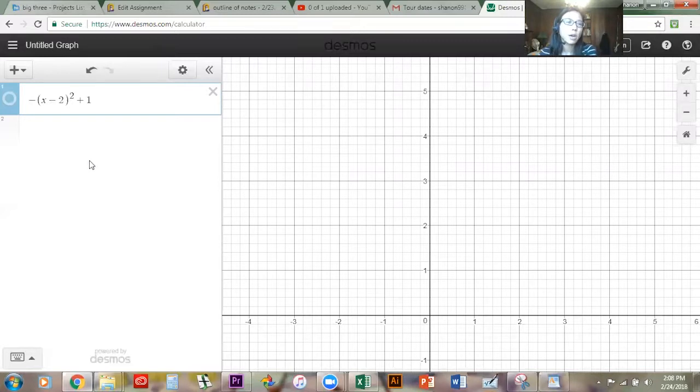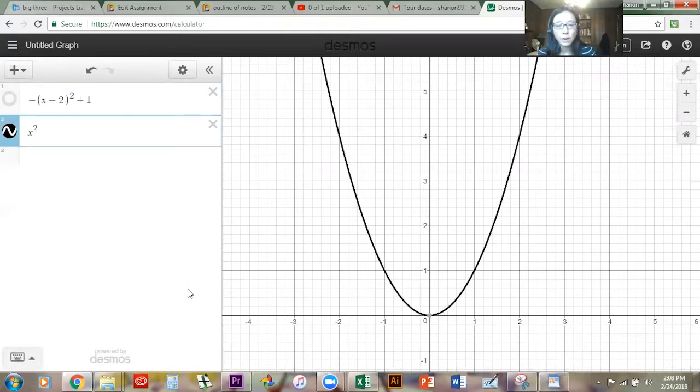So let's look at a graph that has some vertical, horizontal shifting, some reflection, and then let's add some stretch to it. So hopefully we start with the x. We see that's an x squared, and we know that that's a parabola. If I were drawing this by hand, that's where I'd start then, is by drawing my basic parabola centered at 0, 0 with a dot through 1, 1, negative 1, 1.